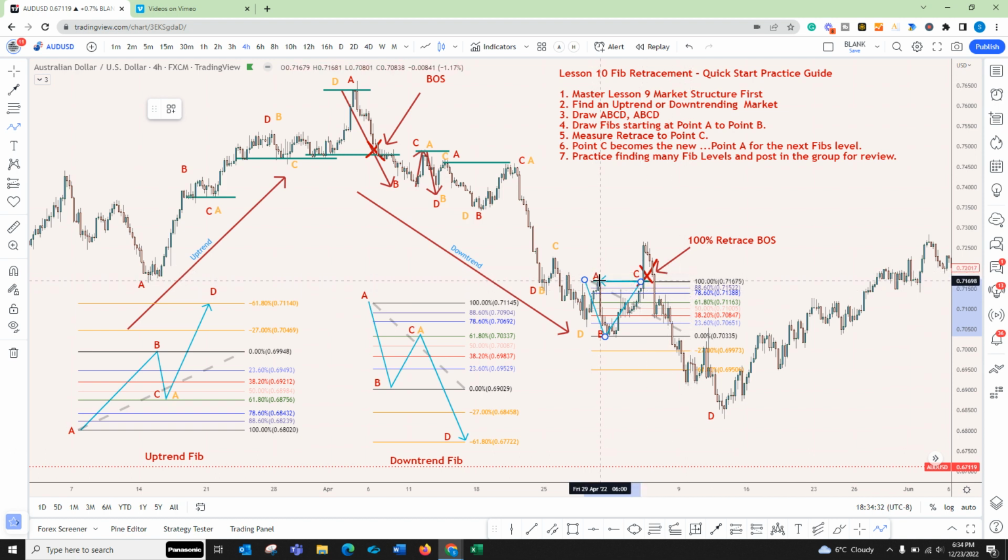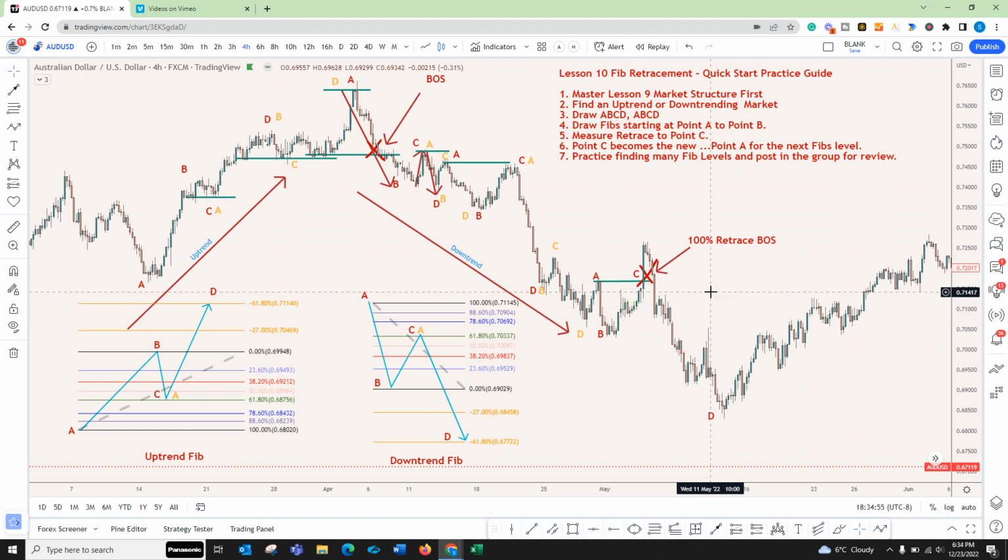Can you see that from point A, it went to point B, retraced all the way back to 100% retrace, and then it broke beyond 100%. That's what we call a break of structure. Why do we call it break of structure? It's when price goes from A to B and then retraces past the original point A. That's what a break of structure is.